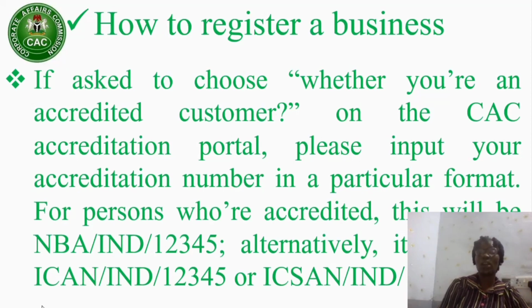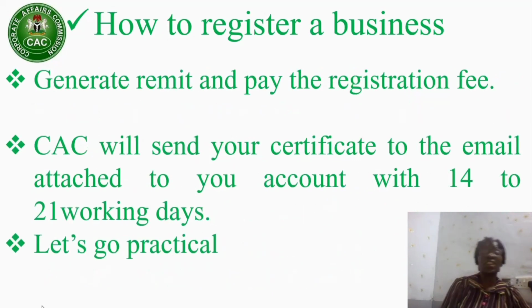If you are accredited as a lawyer, you put in your details in this format. If you are an accountant, you use this format. If you are a secretary, you use this. Whichever one you fall in, use that format to input your details so that you can proceed. Then you will have to generate a remita, and pay the registration fee for that particular business.